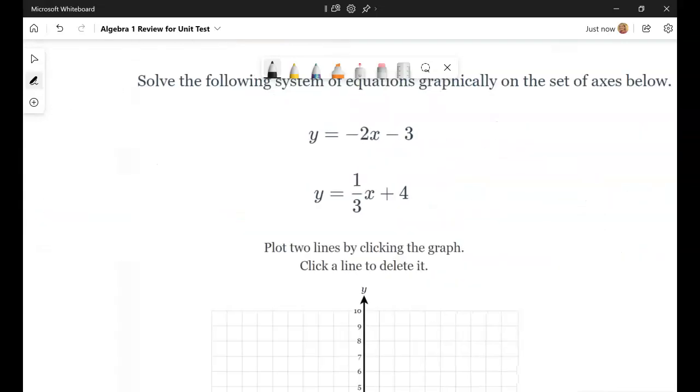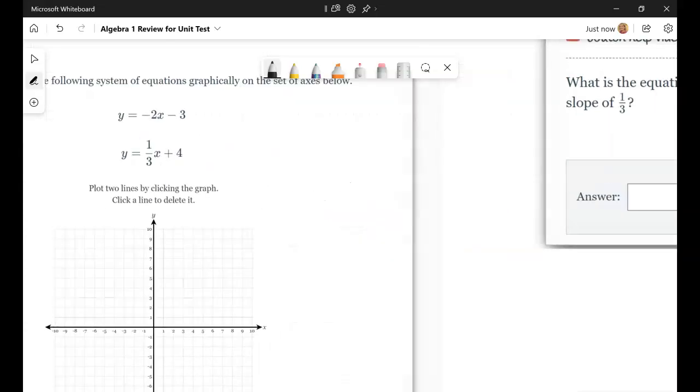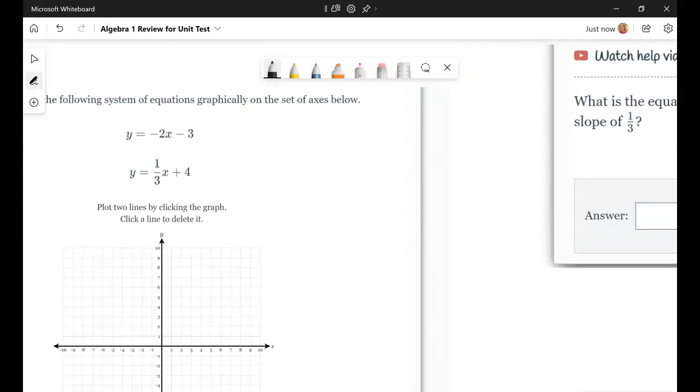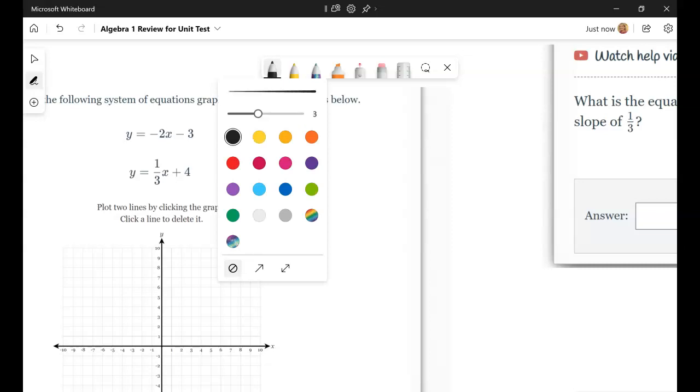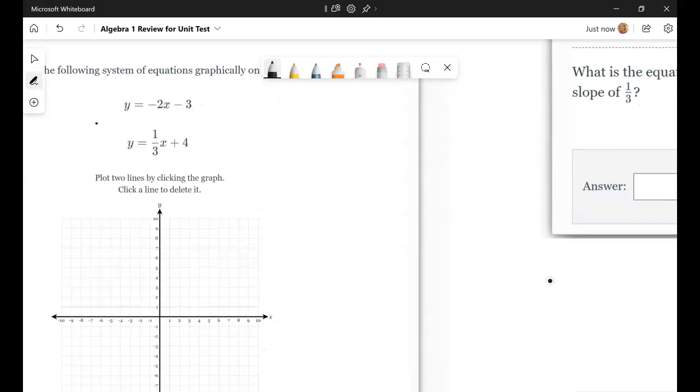Question 2. Solve the following system graphically on the set of axes below. So we are going to be graphing these lines. Where do you start the first graph? -3. Can you all see that? Down to over 1 right here. Right. And I'm going to attempt to draw a line. It's not straight, but it's supposed to be.